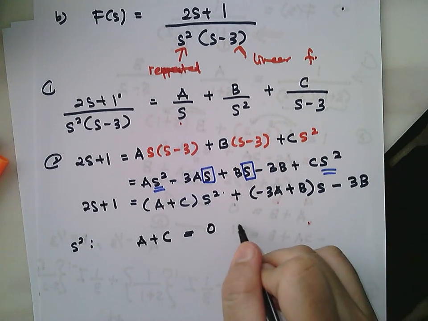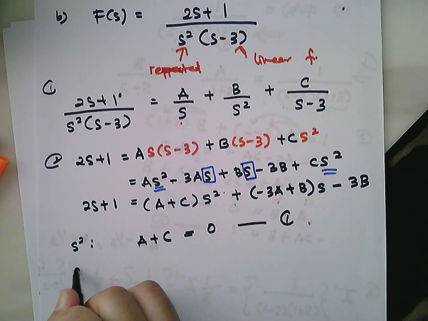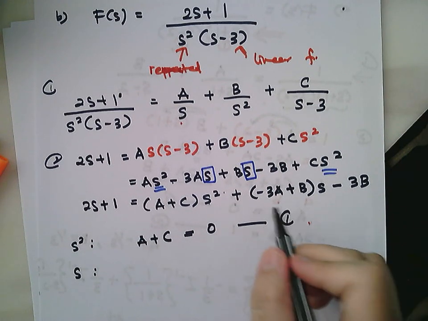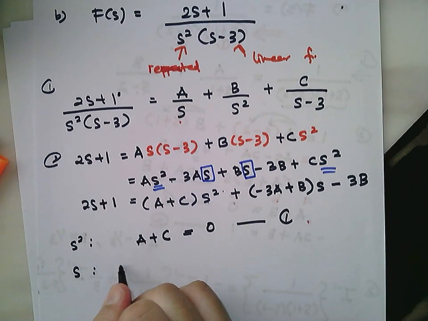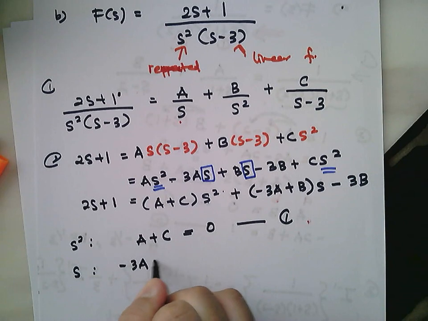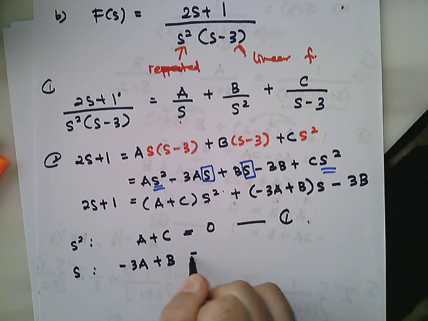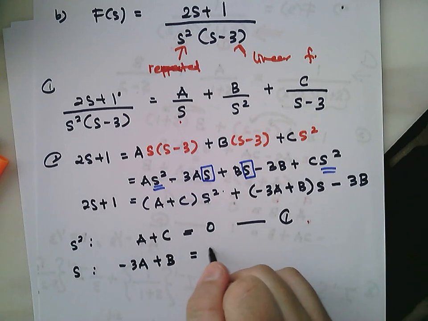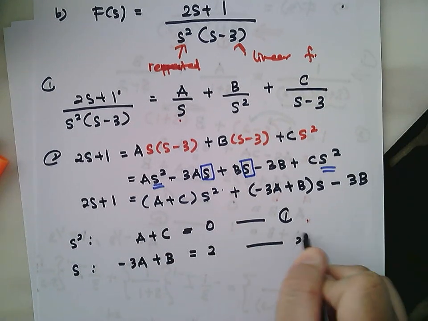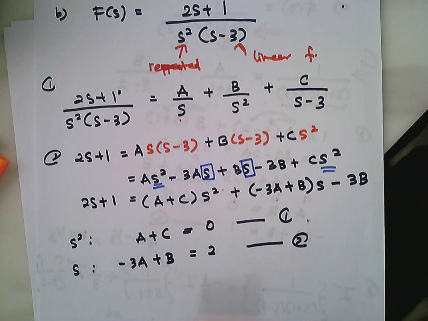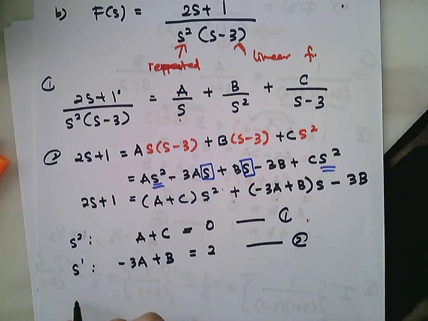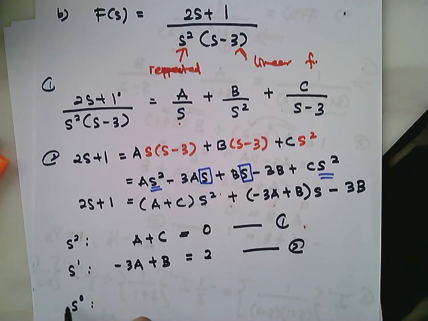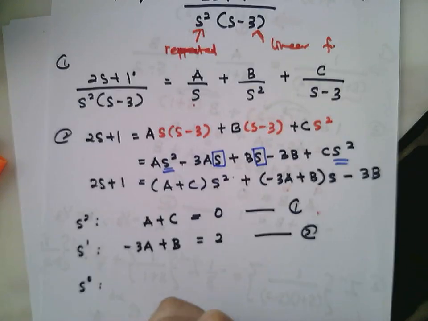The second one is with the variable s. So negative 3a plus b is equal to, on your left hand side you have 2. So this is your equation 2. And the last one is to compare with s to the power 0, which is equal to 1. This is the constant.